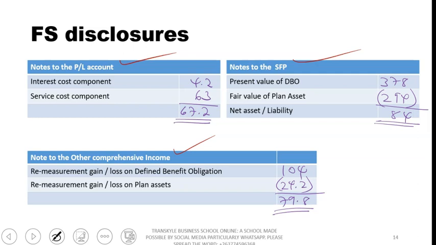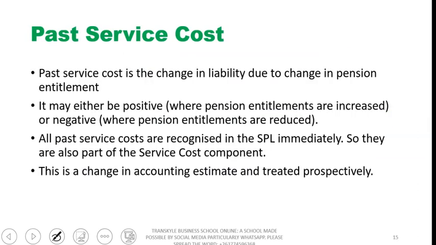All right, then let's move on to this aspect of past service cost. We have been looking at current service costs, which we said are the expenses allocated in each year. Expenses allocated in each year are called current service costs.